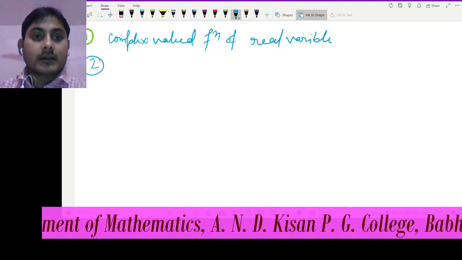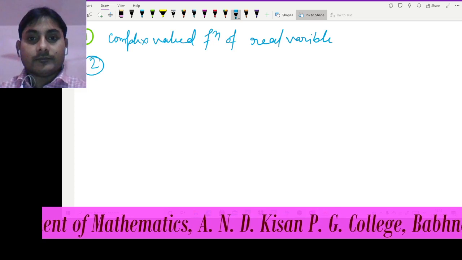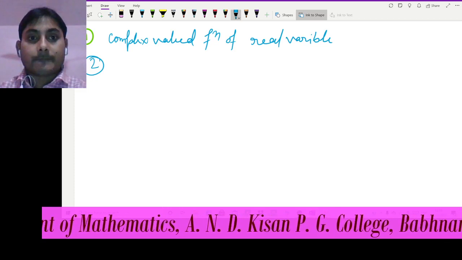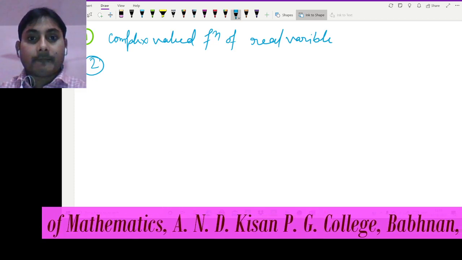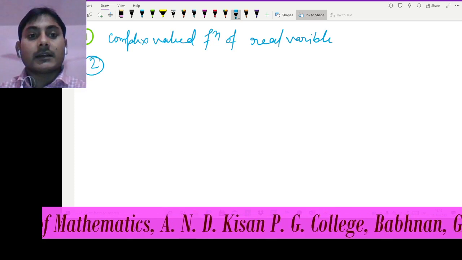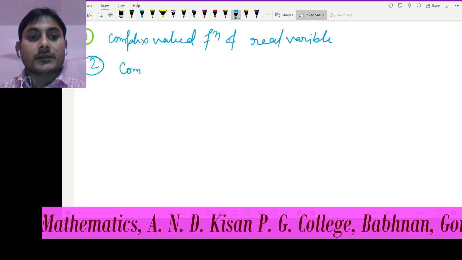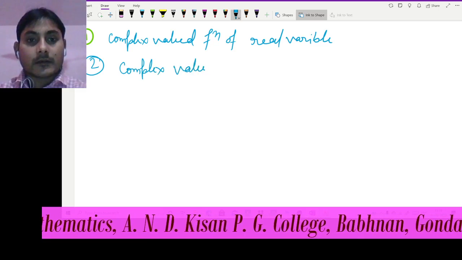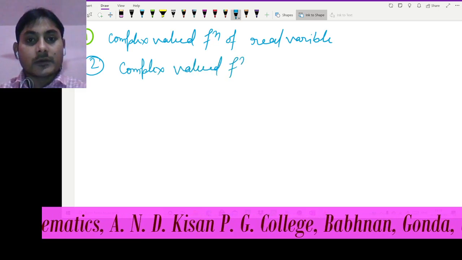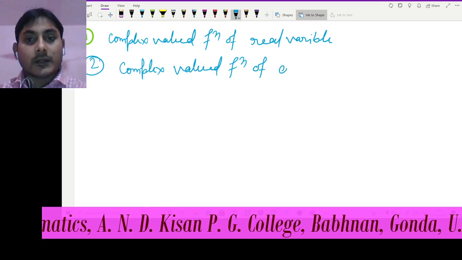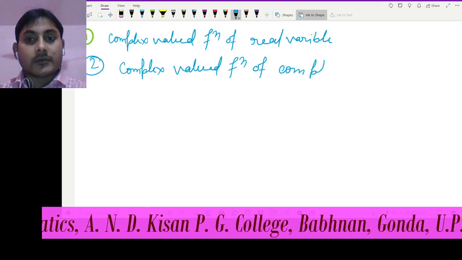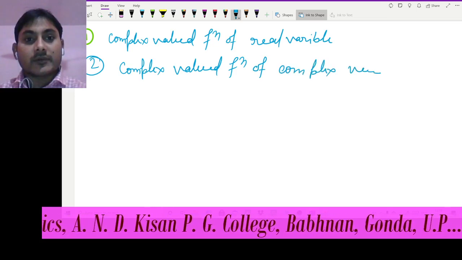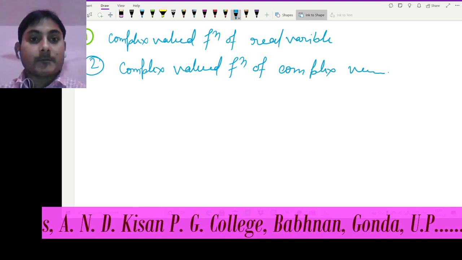Second, we deal with the complex valued function of a complex variable. Further we deal with complex valued functions of a complex variable.